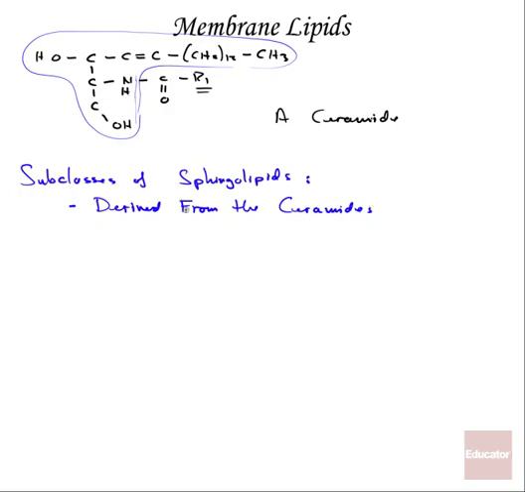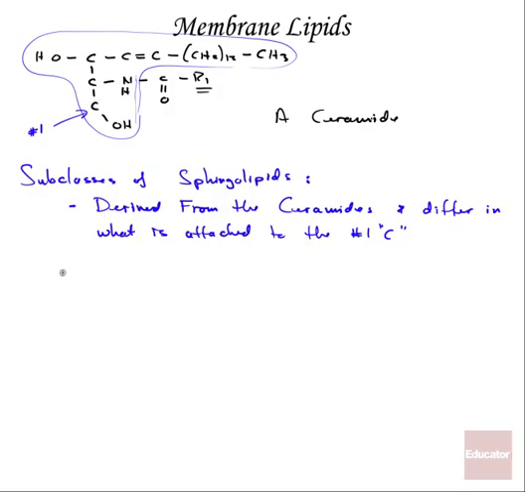In other words, in the case of these particular subclasses that we're going to discuss, they're always going to have the sphingosine. They're always going to have some fatty acid attached in amide linkage to the amine group, and then there's going to be something else attached here. So they are derived from the ceramides and differ in what is attached to the number 1 carbon.